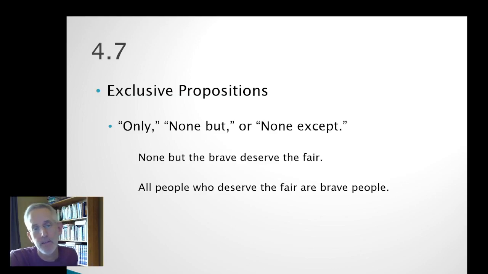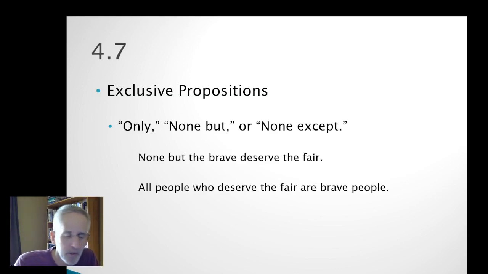And then finally, we have exclusive propositions: only, none but, none except. These can be really tricky to translate, and I won't throw you any real curveballs on the graded quiz particularly on this kind of stuff. But if you see something like none but the brave deserve the fair, this sort of exclusive proposition, excluding certain members from the class of things that deserve fairness, right?